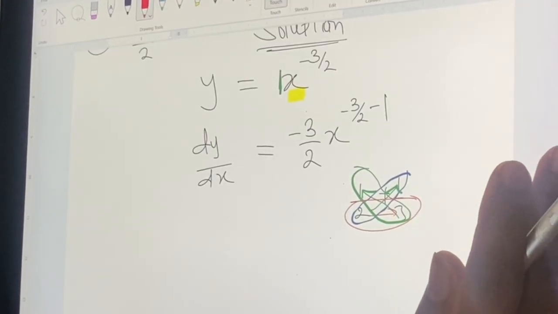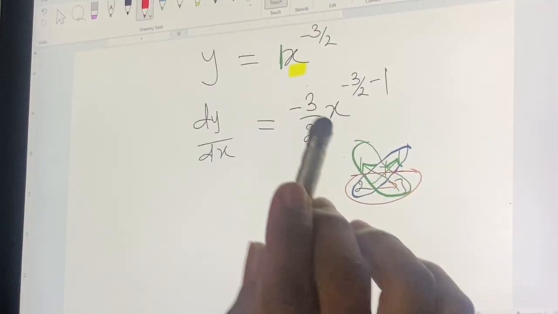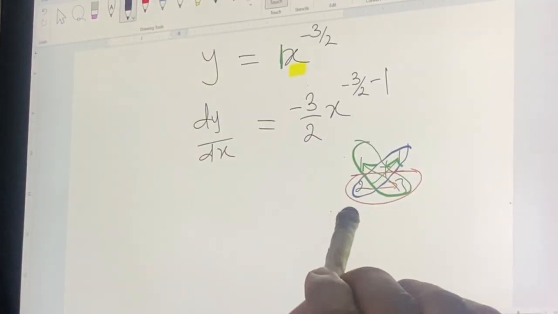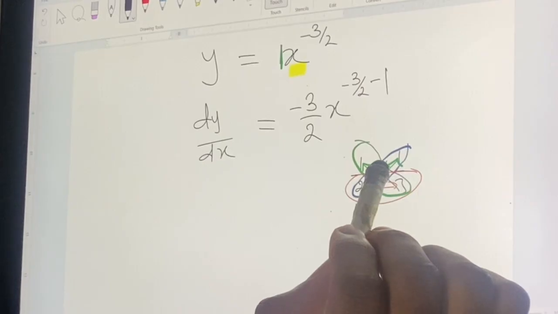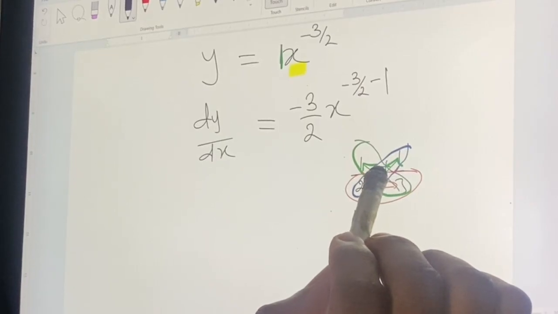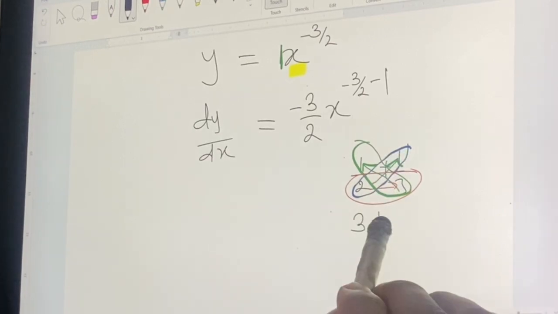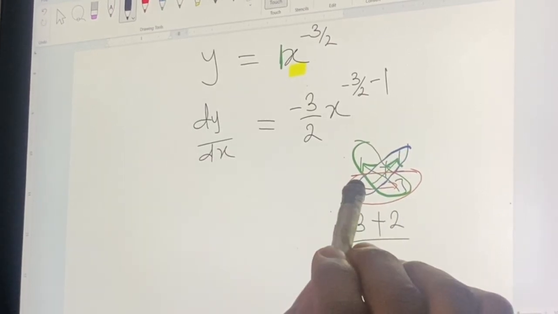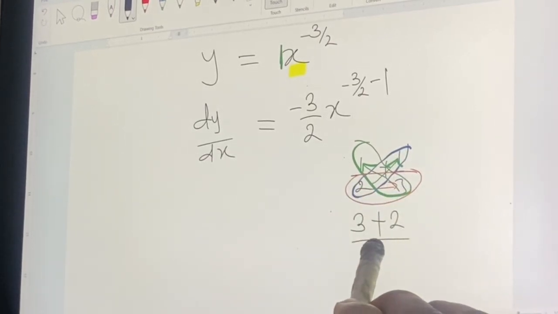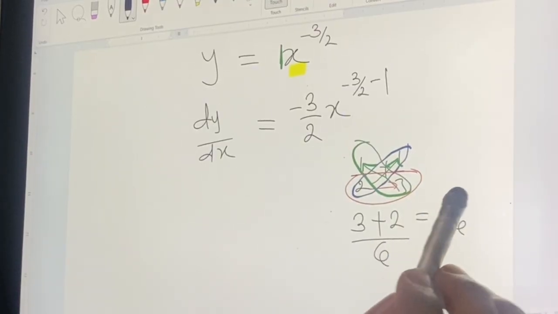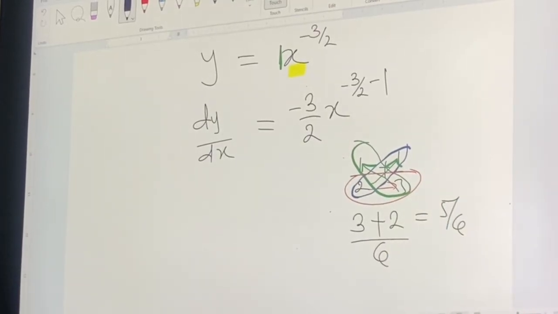When you apply that, 3 times 1 will give us 3. Depending on the sign that is there, if it is plus, you put plus, if it is minus, put minus, plus. 2 times 1 will give us 2 over 2 times 3 will give us 6. So our answer will be 5 over 6. So you can use the butterfly method to solve your fractions.